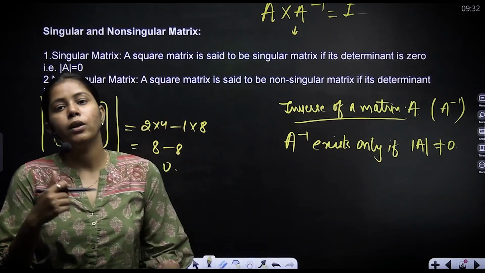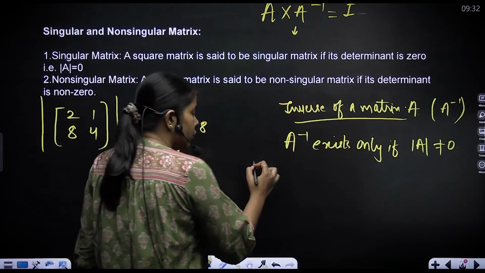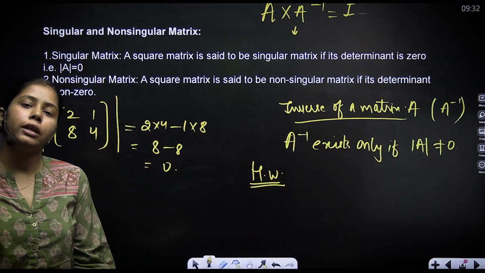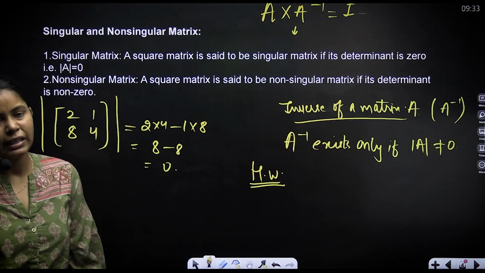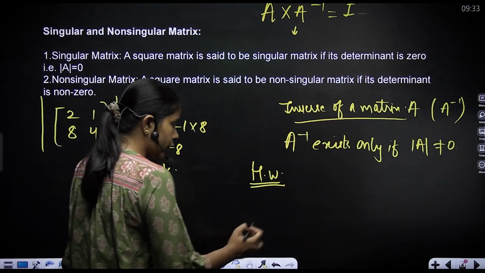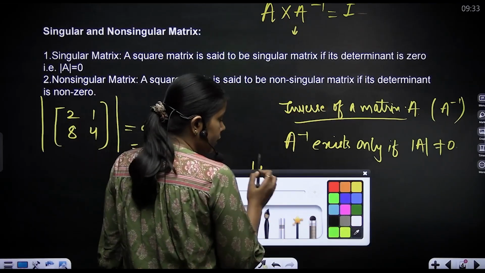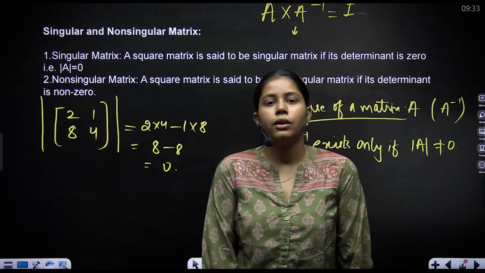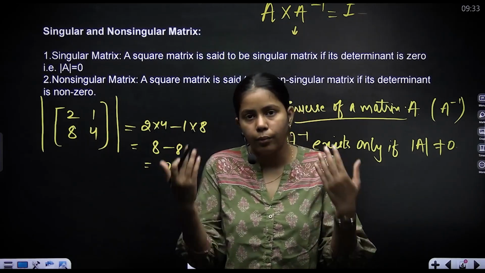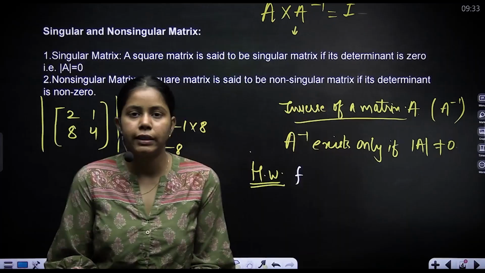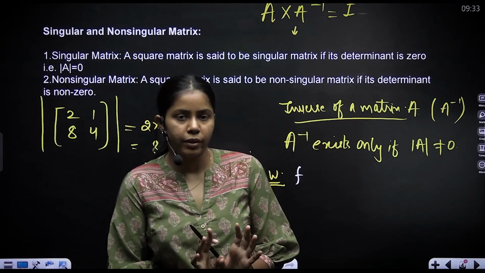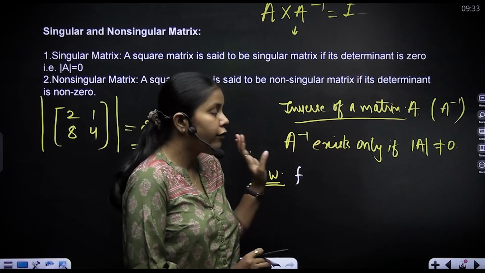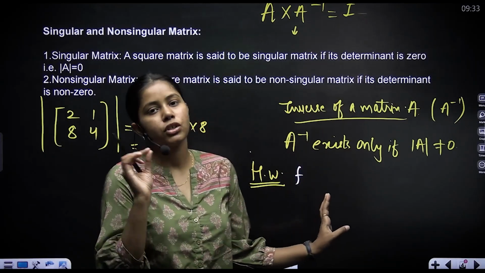Now I have one homework for you. What you need to do is see how to find the inverse of a matrix for 2 cross 2 and 3 cross 3. Right? So this is the homework. You just need to go through the concept. I know you have studied it at school level, and all of you have studied it at graduation level, but some of you may remember. I revised the determinant, but for the inverse, just go through all the concepts.